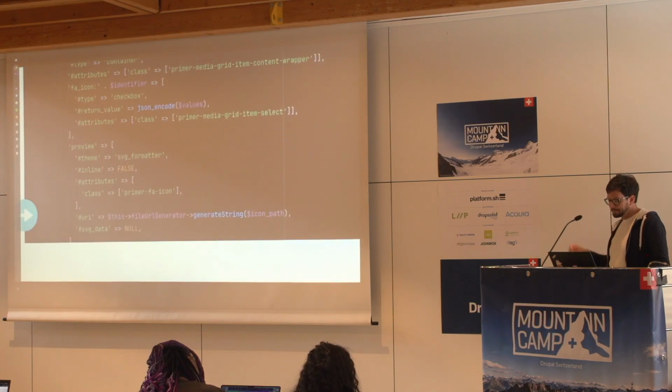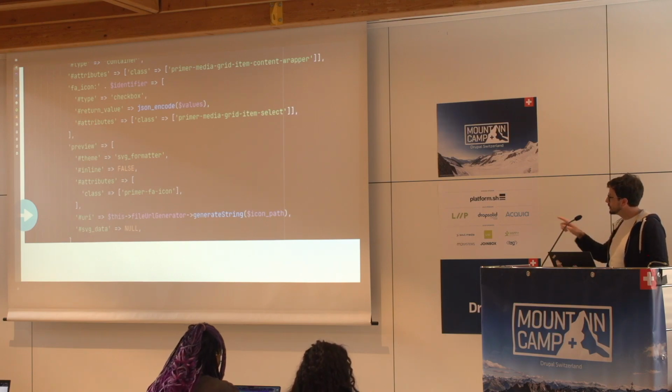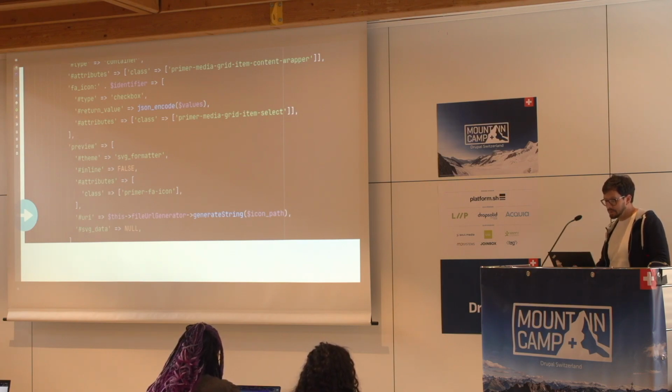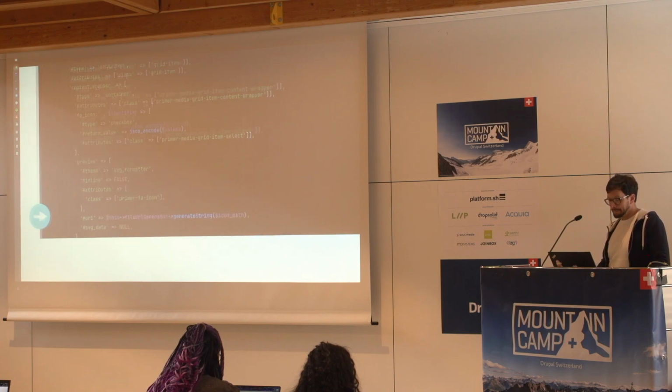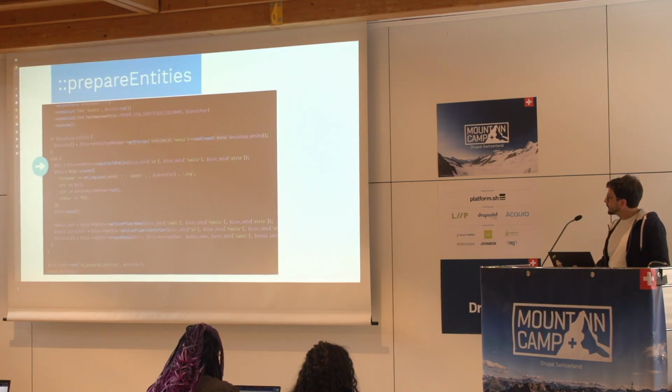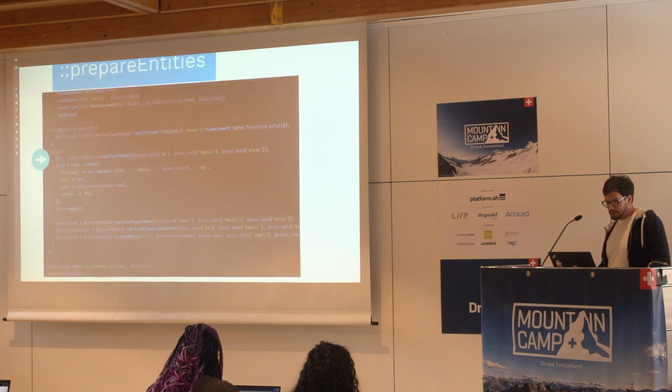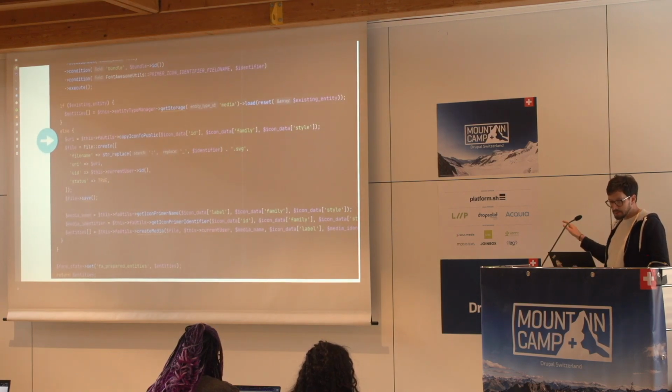And then, when we have the result, we do use the result for the metadata, but then we just use the local files for previews. In prepared entities, same process again.